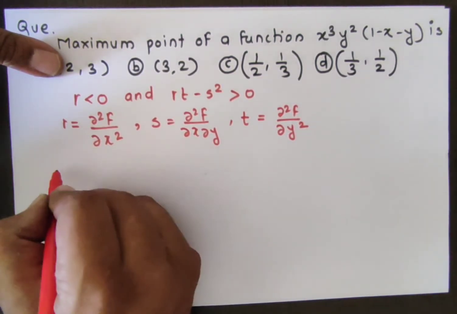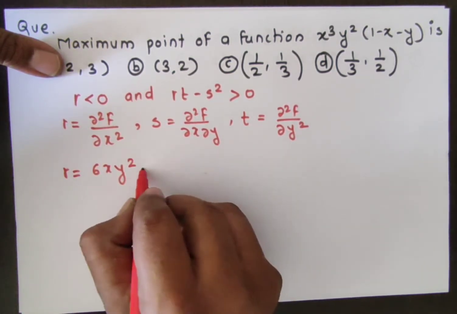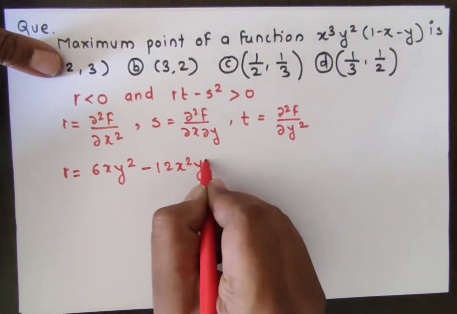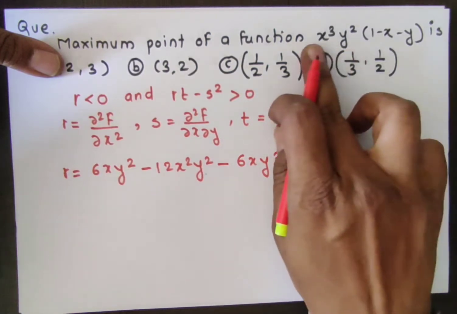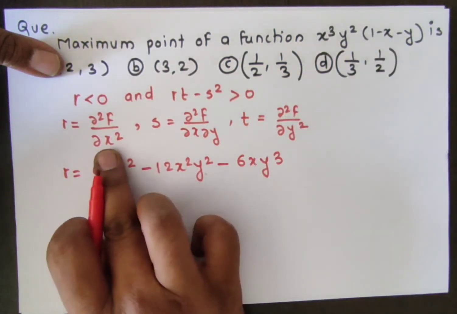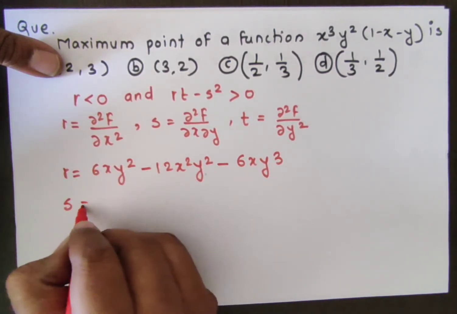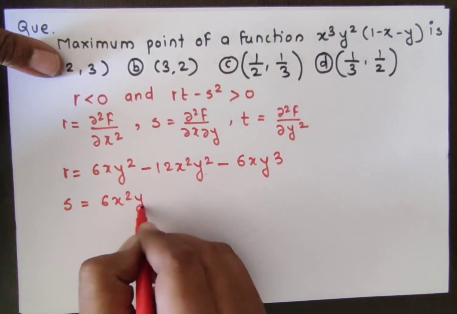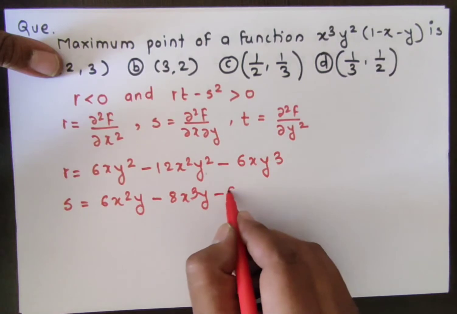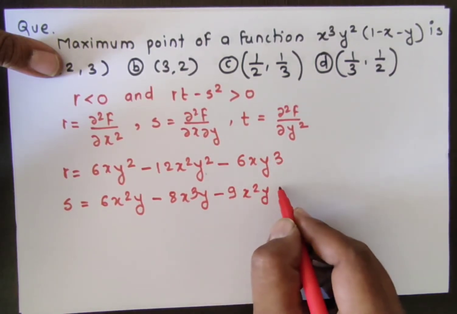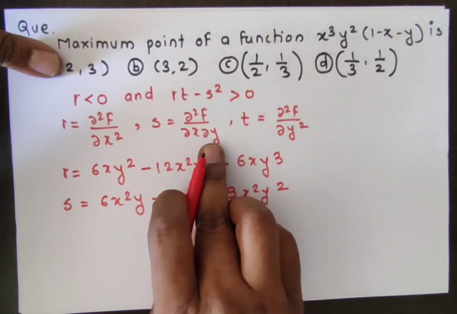For this particular case, the value of r is 6xy square minus 12x square y square minus 6xy cube. We are differentiating with respect to x twice to get this value. s is nothing but 6x square y minus 8x cube y minus 9x square y square, obtained by differentiating with respect to y and then with respect to x.